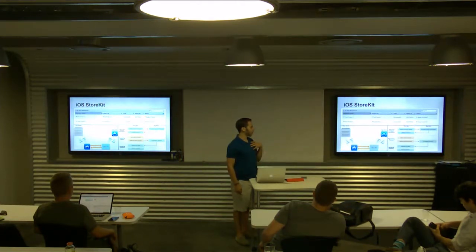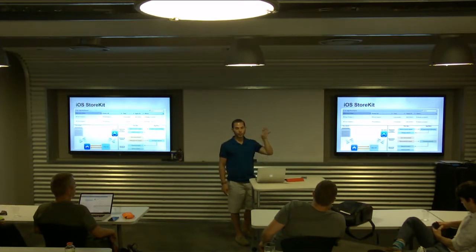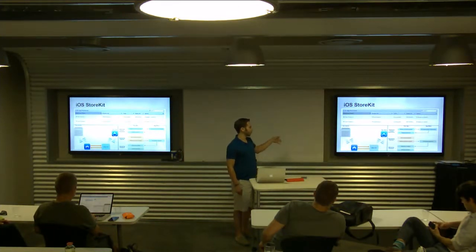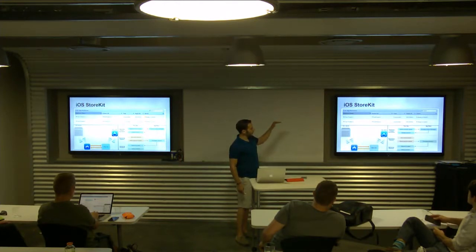I need to know what those product IDs are, and that can either be hard-coded by me as a developer, or I can query my API and get a list of products. Those product IDs need to match what is configured in StoreKit. So it is a manual process where I need to add each and every one of these.